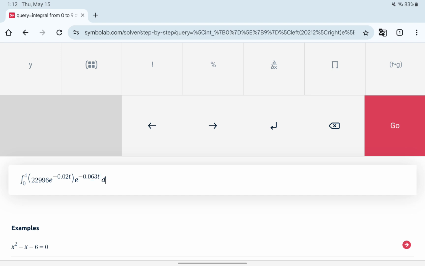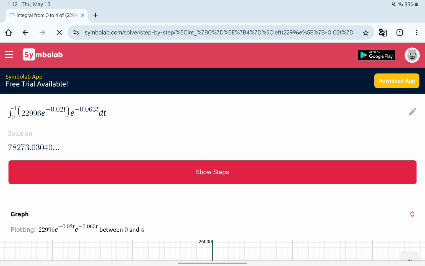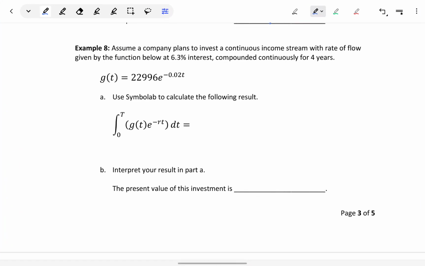And we'll change dx to dt to get $78,273.0304, which tells us the present value of this investment will be $78,273.03.